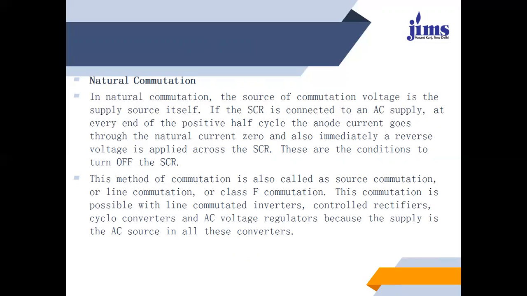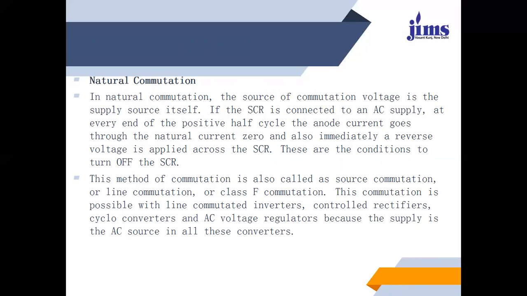These are the conditions to turn off the SCR. This method of commutation is also called source commutation or line commutation or class F type commutation. This commutation is possible with line commutated inverters, controlled rectifiers, cycloconverters, and AC voltage regulators because the supply is the AC source in all these converters.